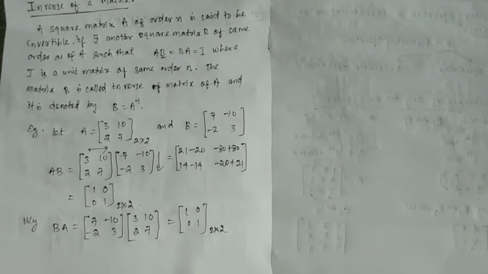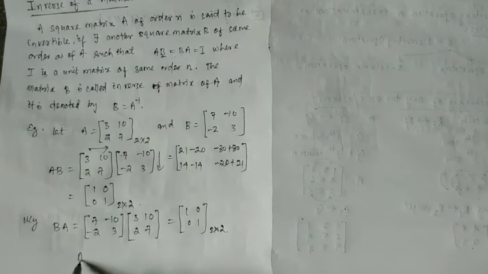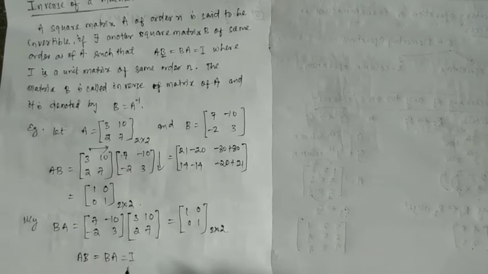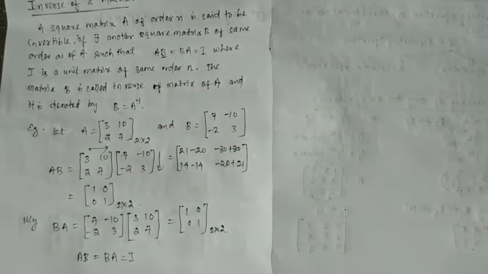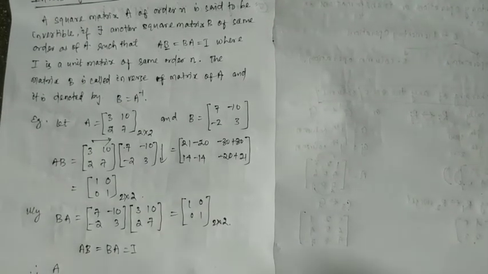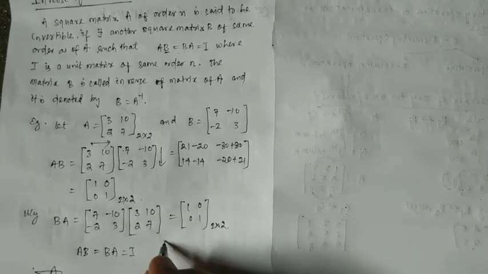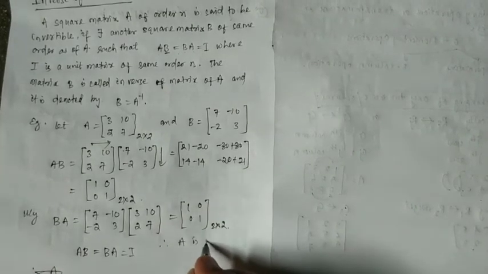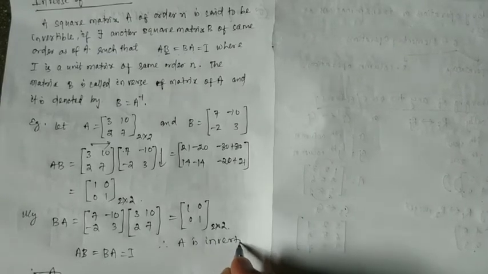Here we see that A into B equal to B into A is an identity matrix of the same order as A and B. So here we can say that matrix A is invertible and A inverse equal to B.